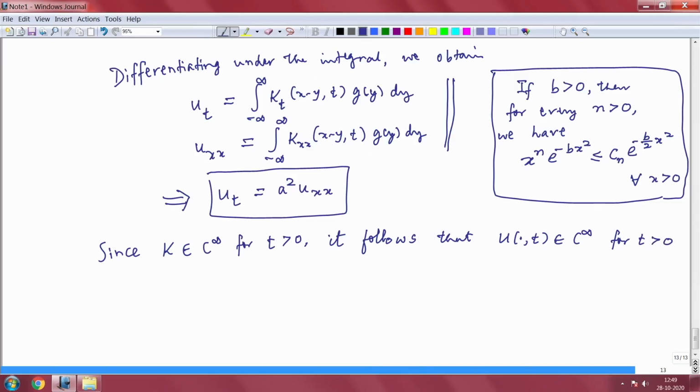So, though initially at t equal to 0, g may be just a bounded function, this heat kernel makes the solution a C infinity function for any t positive, and this is referred to as the smoothing effect, the smoothing property.